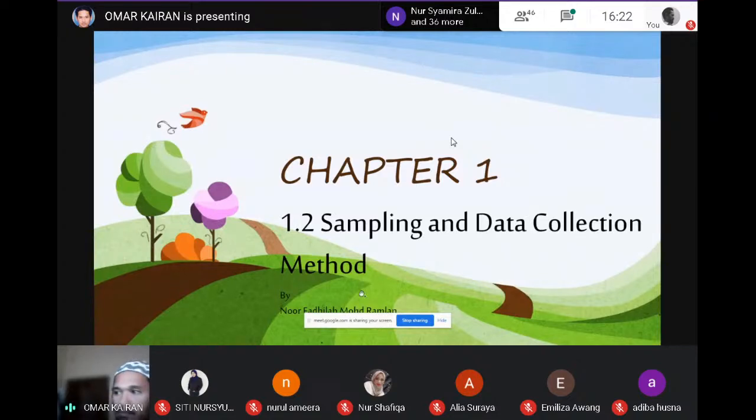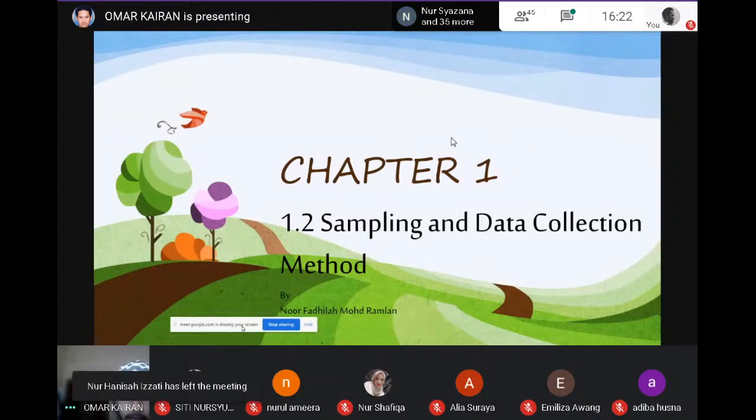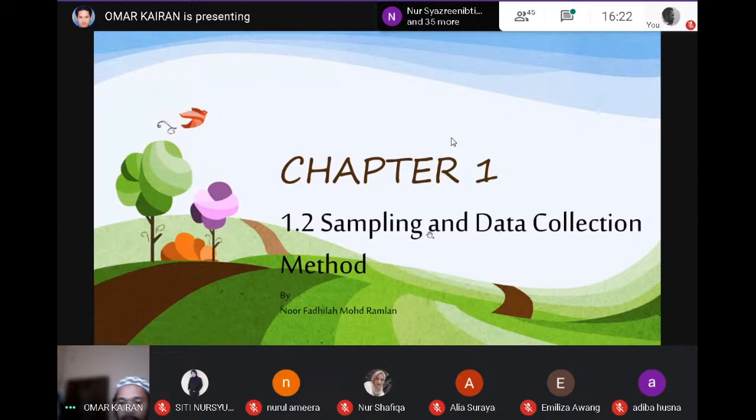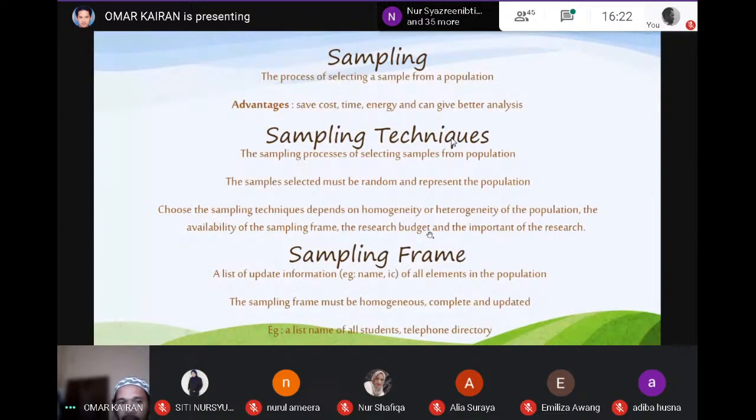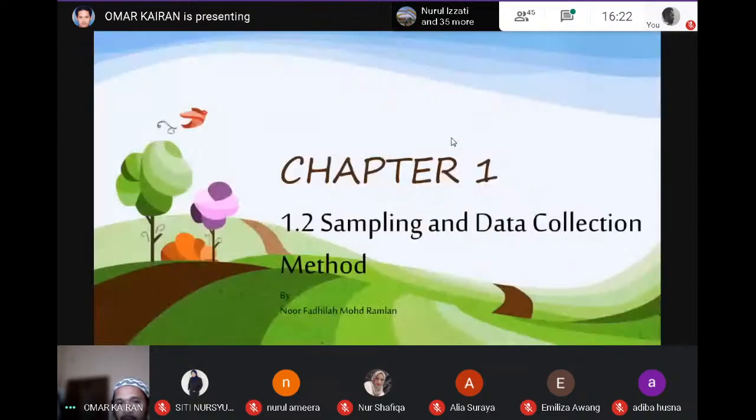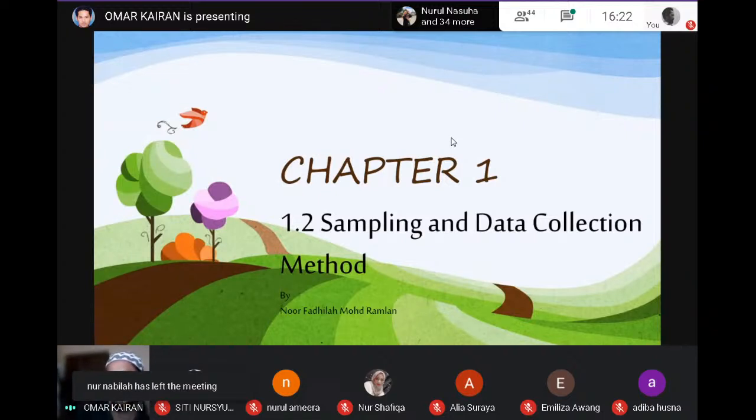So, sampling and data collection methods. Sampling ini, it is about a method in conducting research, one of the methods in conducting research.